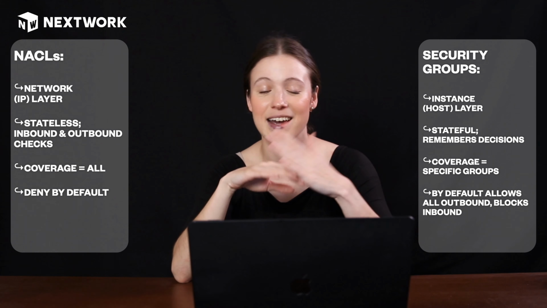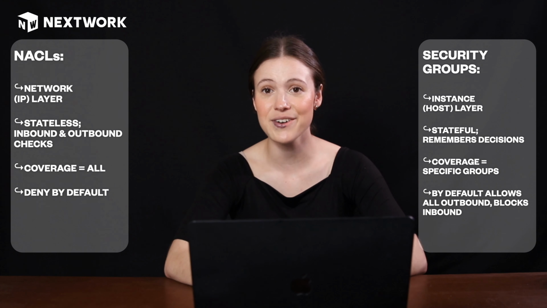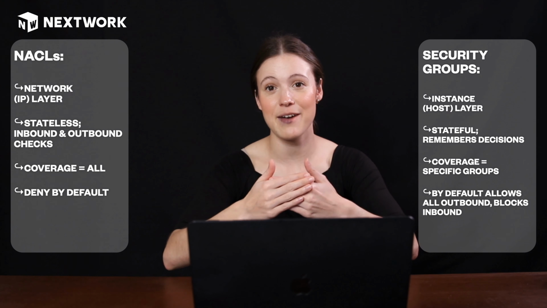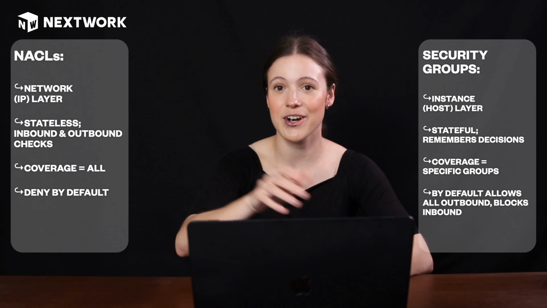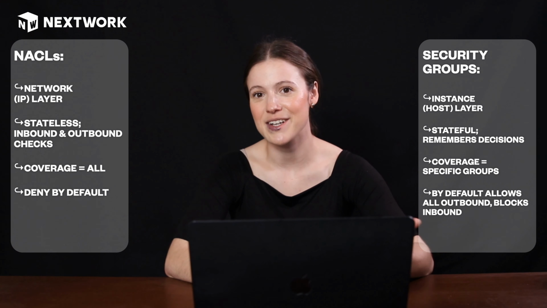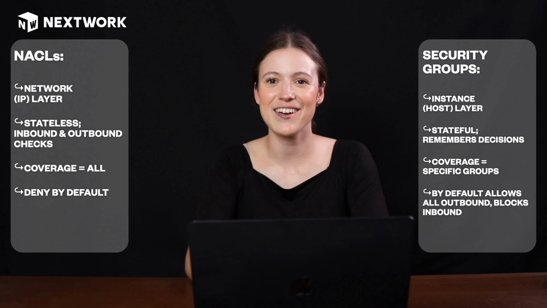So default deny unless you meet this criteria, and then you can come in. This is different to a security group, which by default is going to check all incoming traffic, but then allow all outgoing traffic. You can change this, you can update it, but it is different to what we see in our access control list.